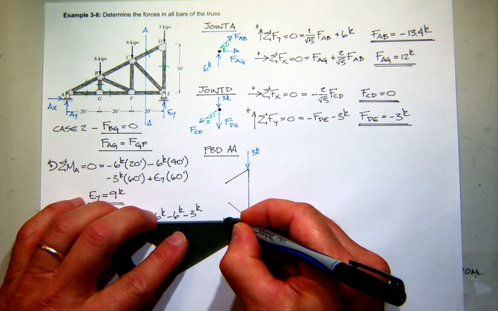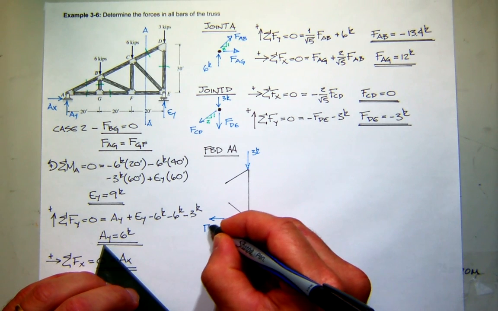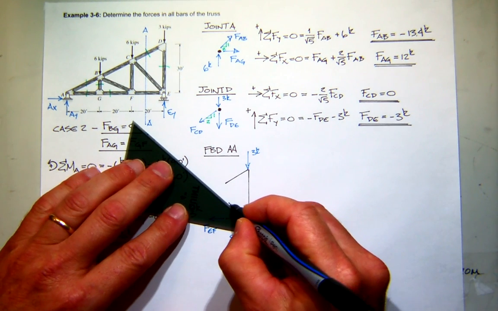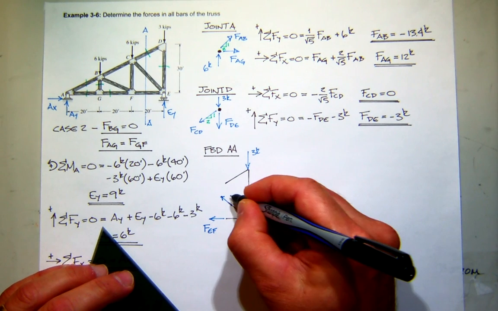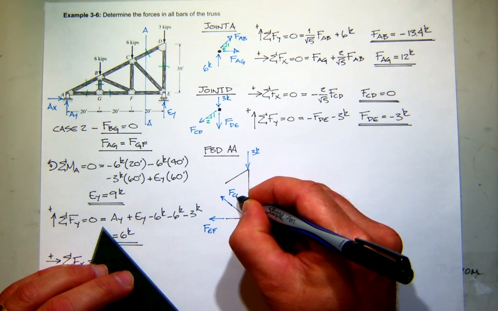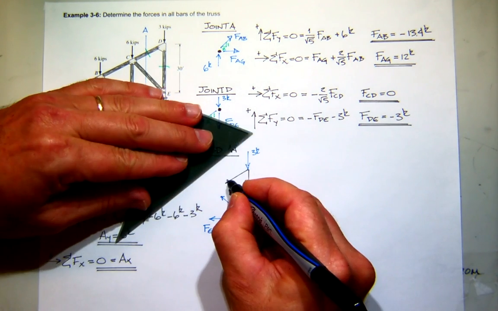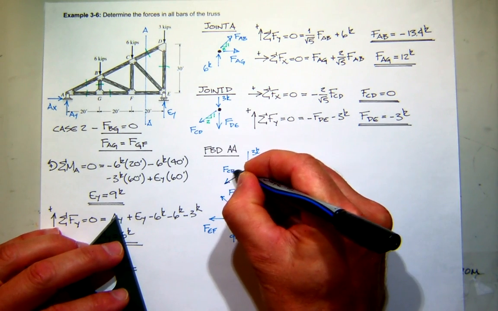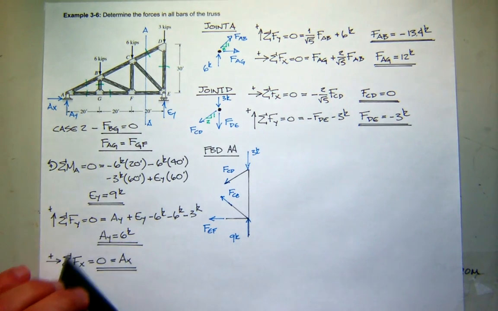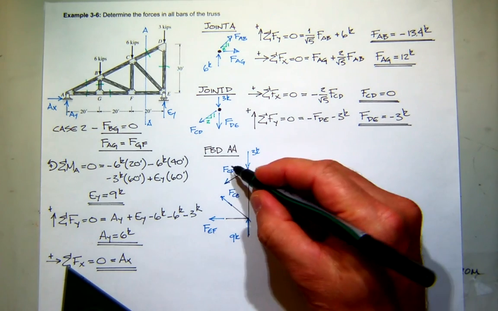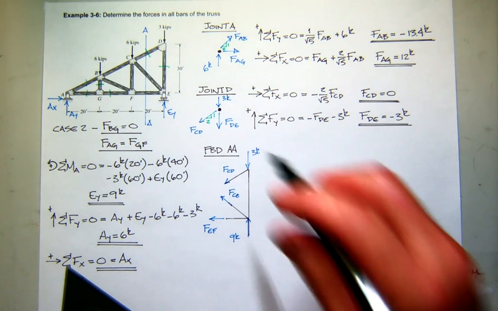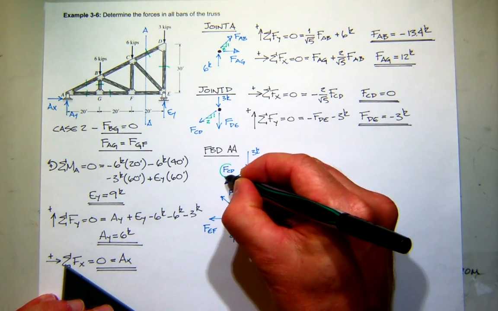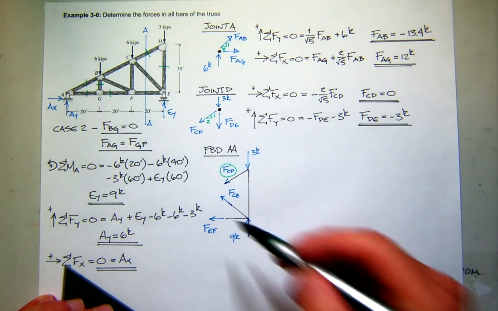And I'm going to get my force in EF, my force in CE, and my force in CD. Now we already know CD, right? In fact, I'll go ahead and circle that to indicate that we know that one. So it's just these last two that we have to deal with.